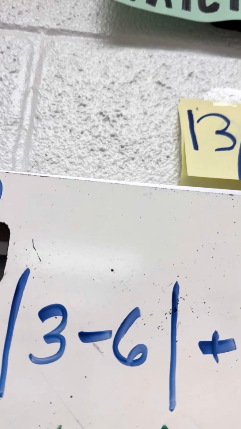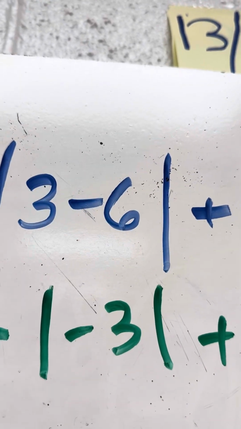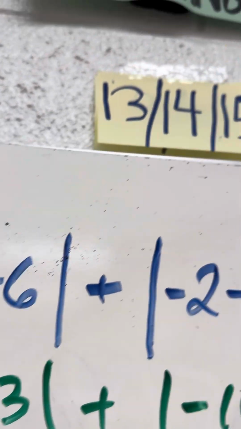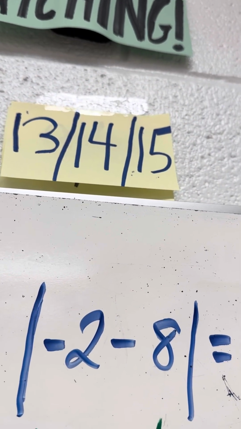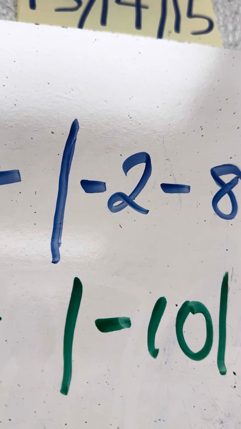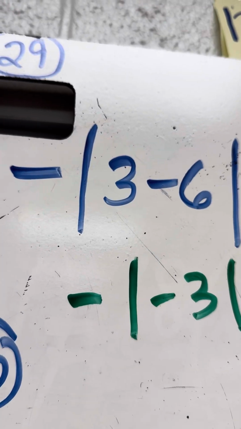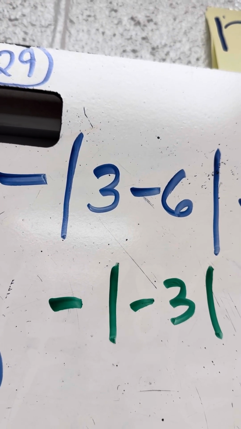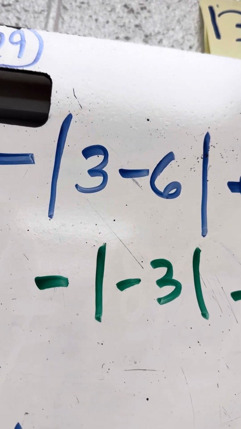Absolute value of 3 minus 6 is negative 3. Absolute value of negative 2 minus 8 is absolute value of negative 10. Okay? So the negative of the absolute value of negative 3 is negative 3.